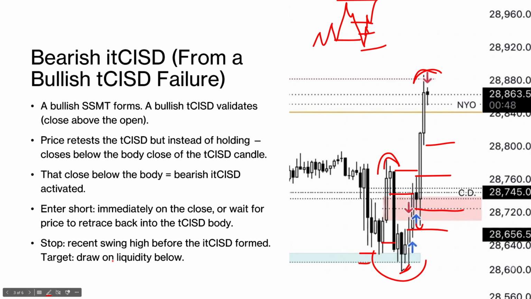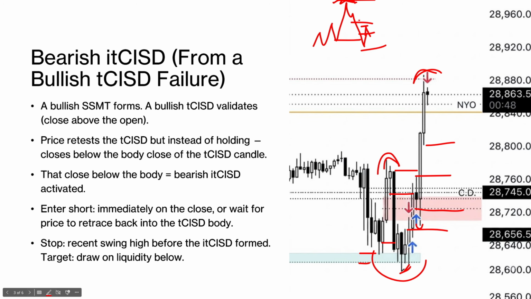Target drawn liquidity below. Yeah, let's say that this did respect it, right? Let's say you enter right here. Where is your stop? The best case will be somewhere here, but if that's too high, look if we formed any SMT inside of this box, imbalance, fair value gap, inversion fair value gap.